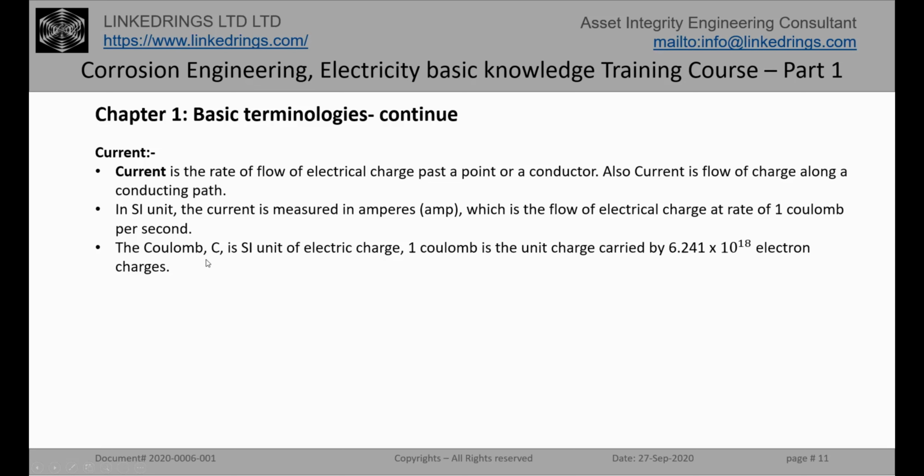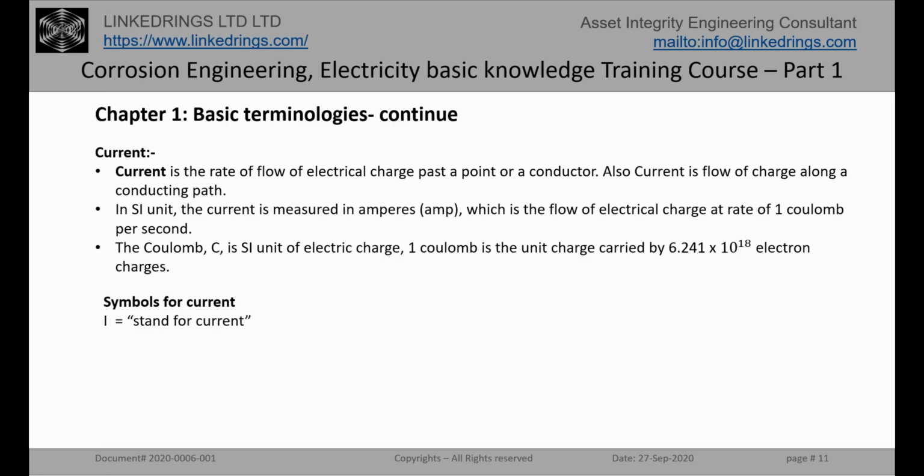As we mentioned, the coulomb C is the SI unit of electrical charge, and 1 coulomb equals the unit charge carried by 6.241 times 10 power 18 electron charges. The symbol for current is I, regardless of any unit used, milliampere or ampere.